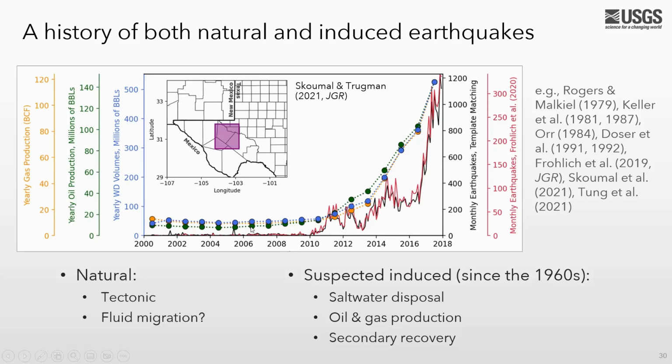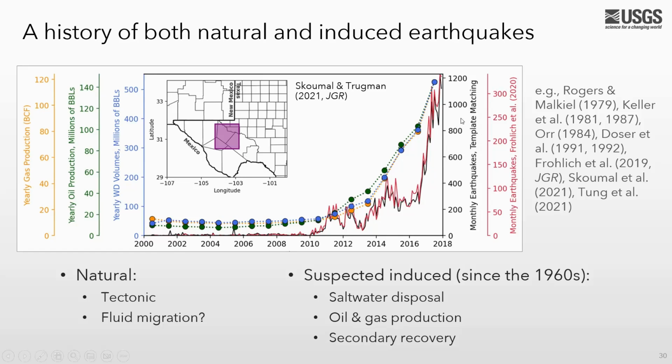And this is a plot by one of my colleagues, Rob Skoumal and Daniel Trugman, where they're showing, going back to 2000, they're using what's called the TexAr array, which is a network here near Big Bend that was able to pick up Permian Basin earthquakes well before the TexNet array went online in 2017. And they're tracing the seismicity with these jagged lines here.